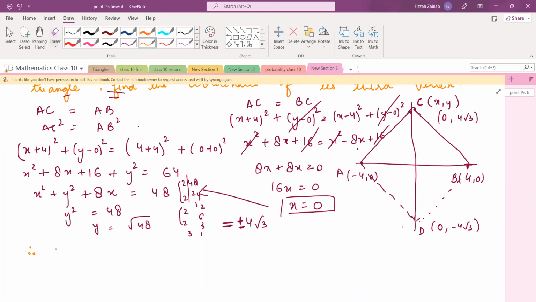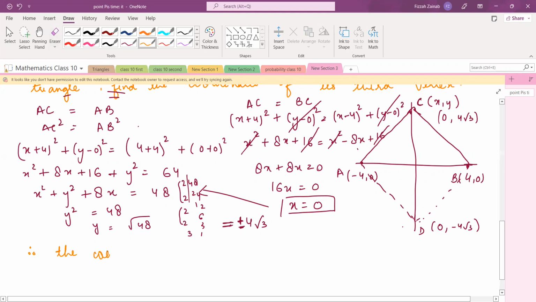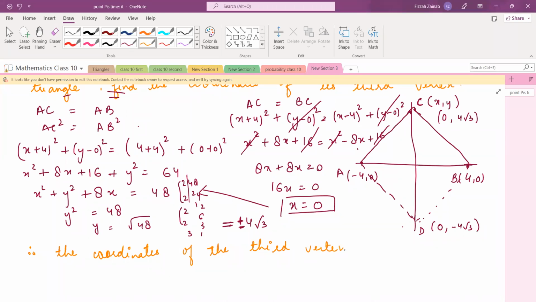So you can write that therefore, the coordinates of the third vertex are, I mean, it's better not to complicate the question, right? You just use the simple distance formula here. Third vertex, so both can be there.